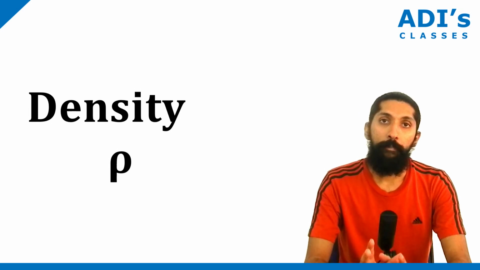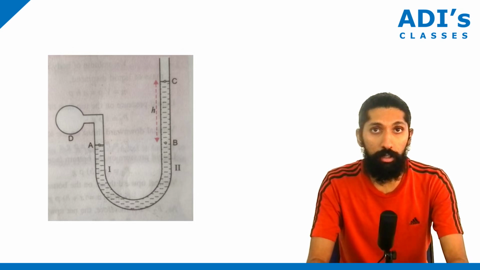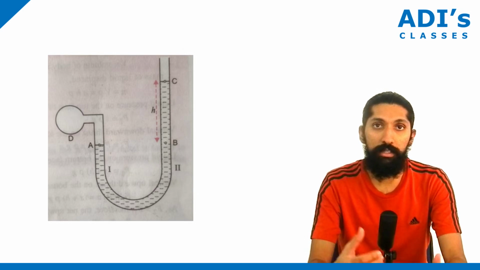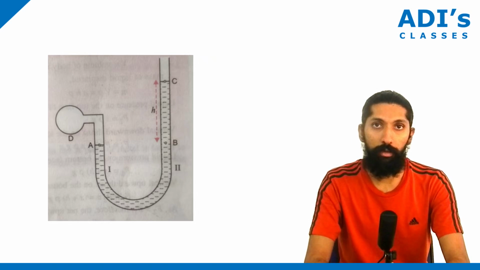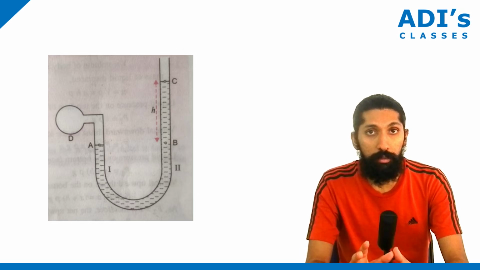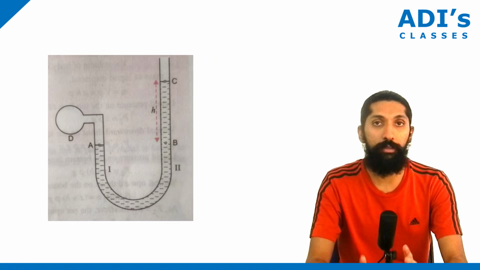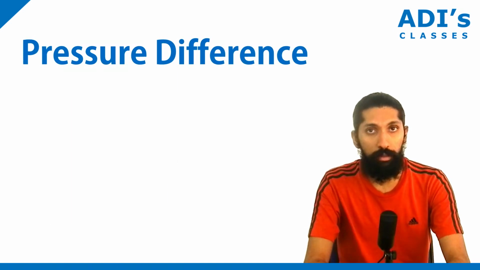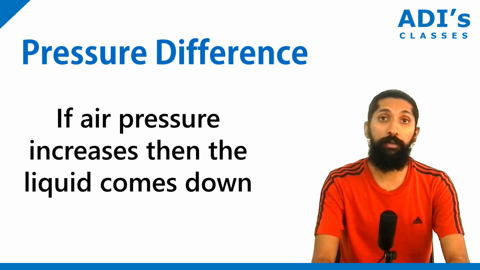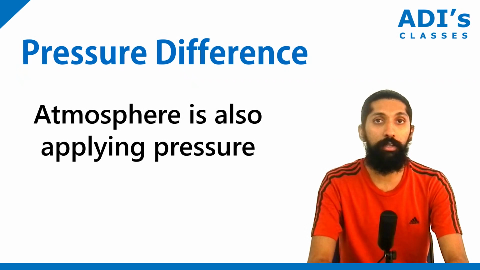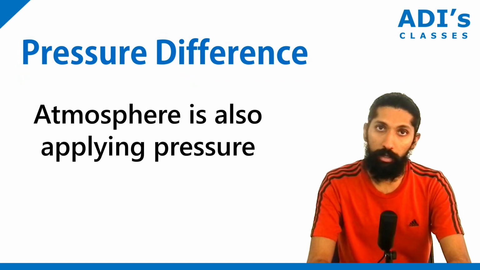The more pressure builds up inside that U-shaped tube, if the pressure of the air in the bulb is more, then the liquid is going to come down, correct? And the atmosphere is also pressing on that liquid, applying some pressure, correct?